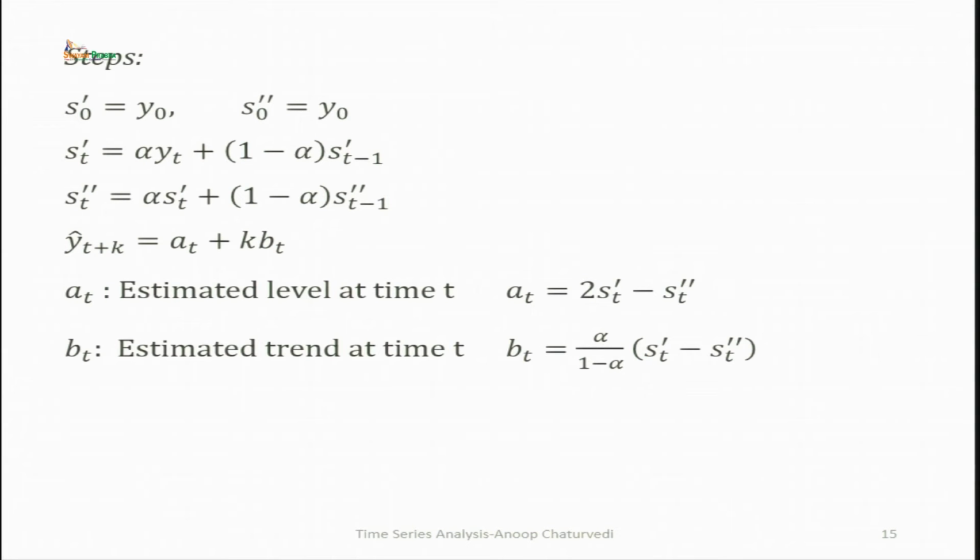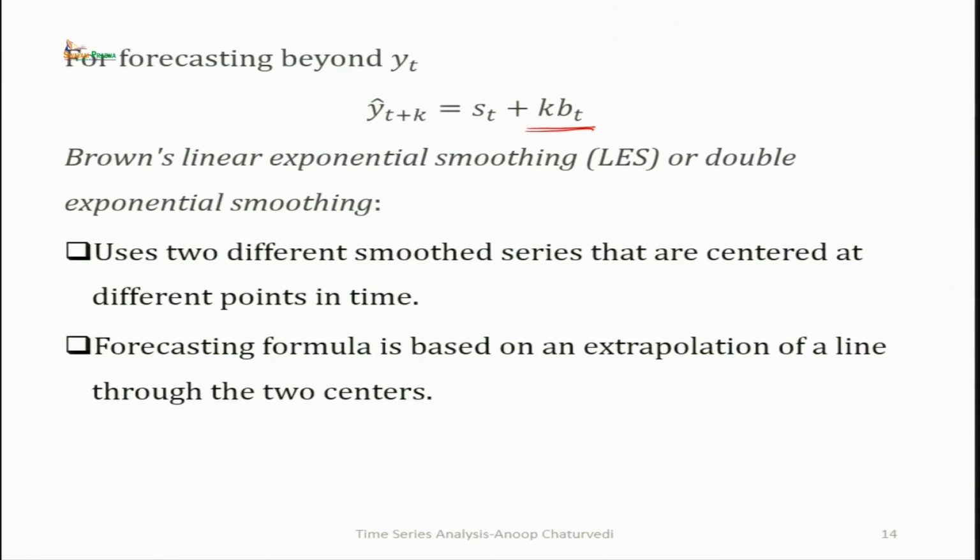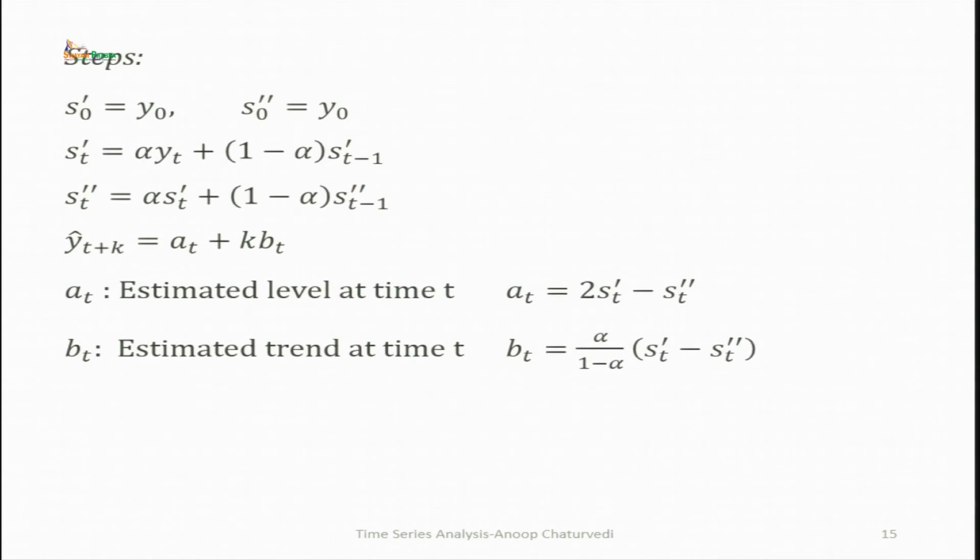Initially, you set S naught dash equal to y naught, and S naught double dash equal to y naught. You have two smoothed series, S dash and S double dash.